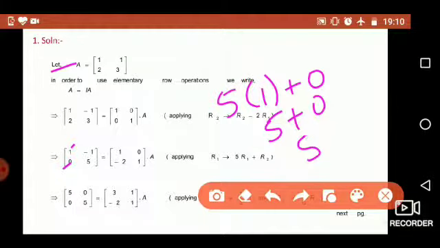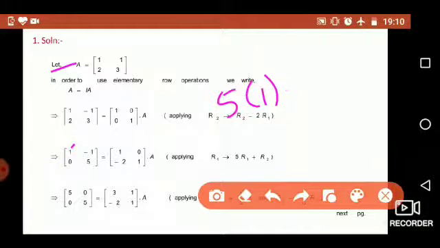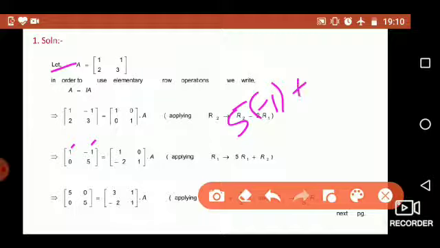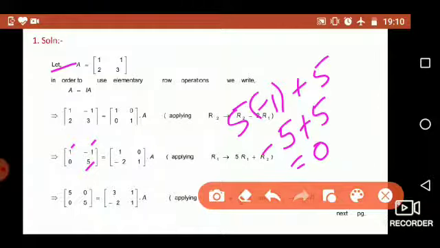Similarly, we can apply the same operation to the second element of the first row. That is 5 times R1, the R1 element is minus 1, plus the corresponding element of the second row, which is 5. Therefore, minus 5 plus 5 gives 0. Therefore, the element in this case is 0.